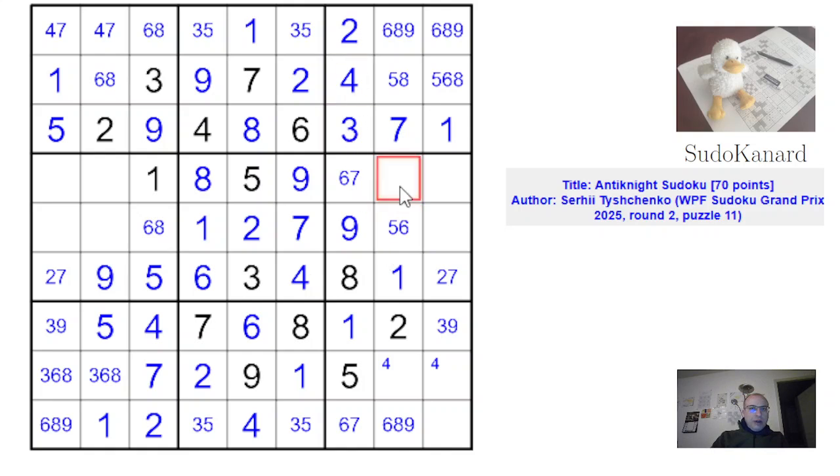Four is not here. So there's a 4 in here, which means that this is not 4, and 4 goes there. There's also 4. Hey, 4 is not here, and 4 is not there. So there's a 4 in here, which means that this is 7, and this is 4. And this 7 turns this into a 2.